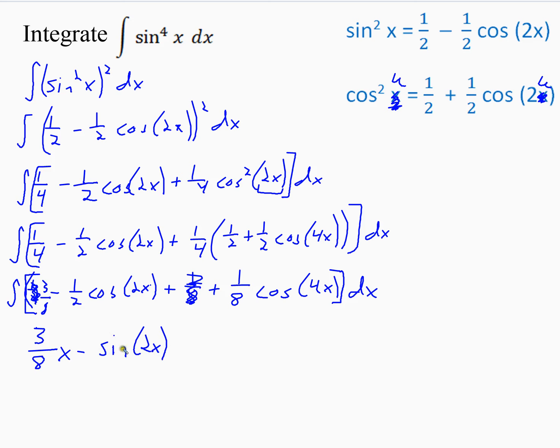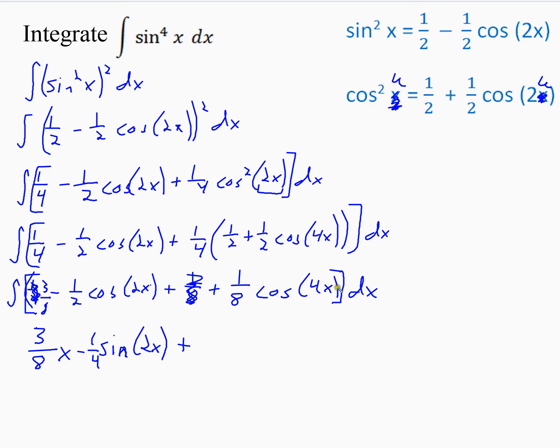And let's think through this already. When we take the derivative of sine of 2x, it's going to be cosine of 2x times 2. So we would have a 2, but we need a 1/2. So we need to multiply this by 1/4 to get the correct factor out there.